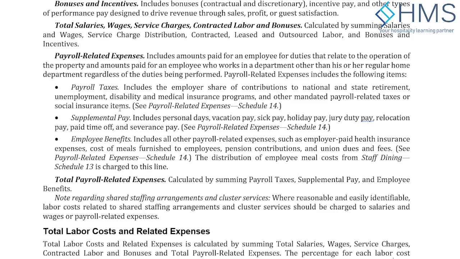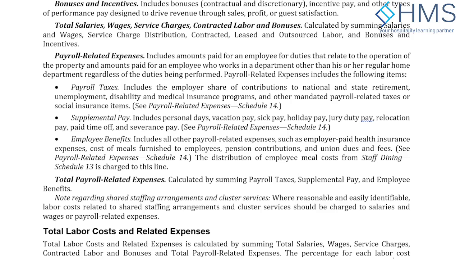Employee benefits will be the meal, the health insurance, the accommodations, the transportation, or any other dues that are paid as a benefit to the staff. Now we have discussed these lines in more detail in our previous modules. So to save your time, we will not be repeating them all again. You can refer back to the other videos where we have already shared much more detail.